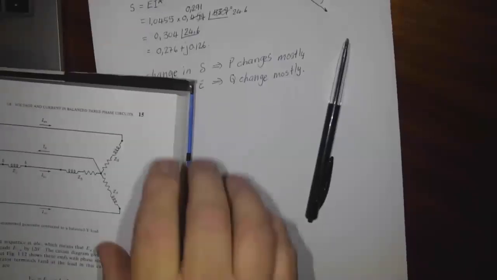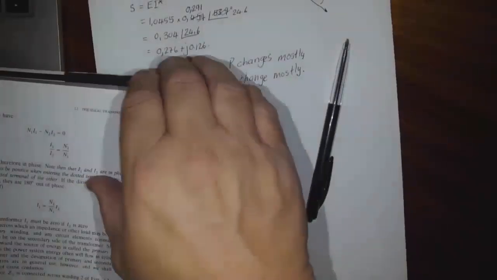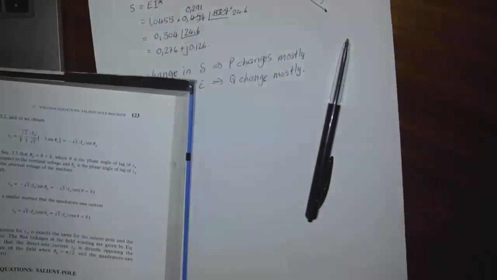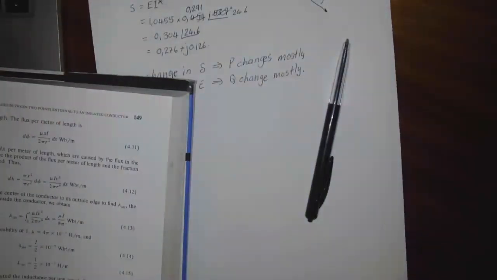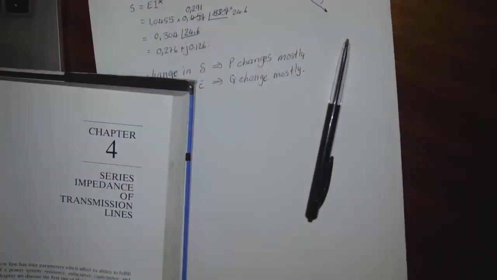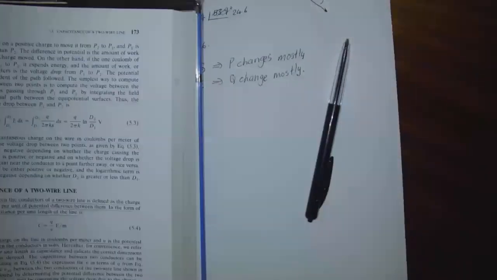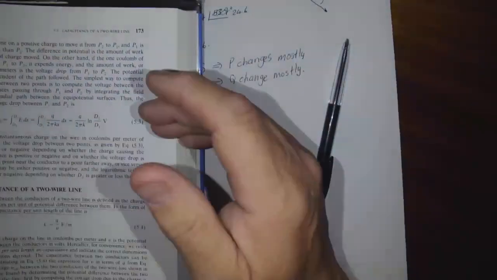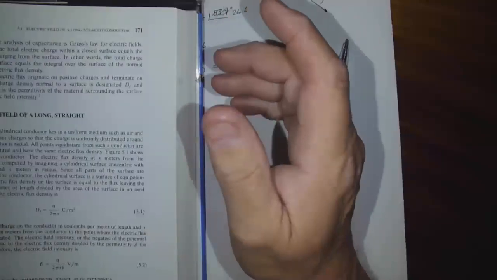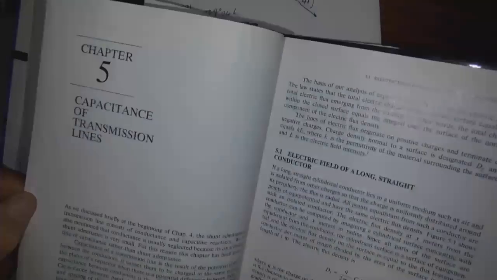Okay, sir. Thank you, sir. Everything now goes about transmission lines from here on. There's a series impedance of transmission lines. And then chapter 5 is capacitance. Capacitance of a transmission line.